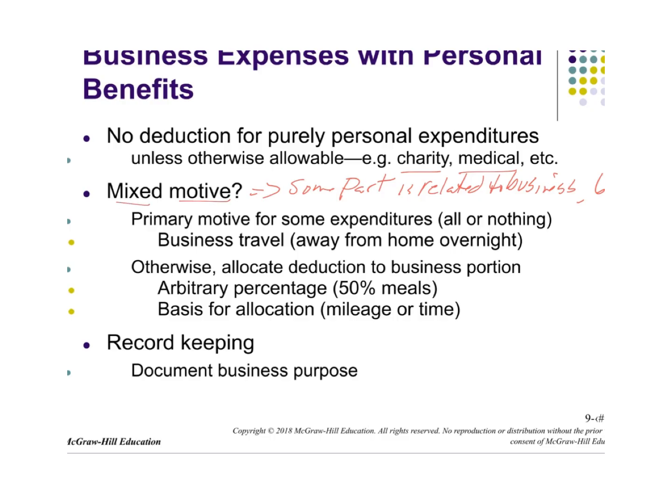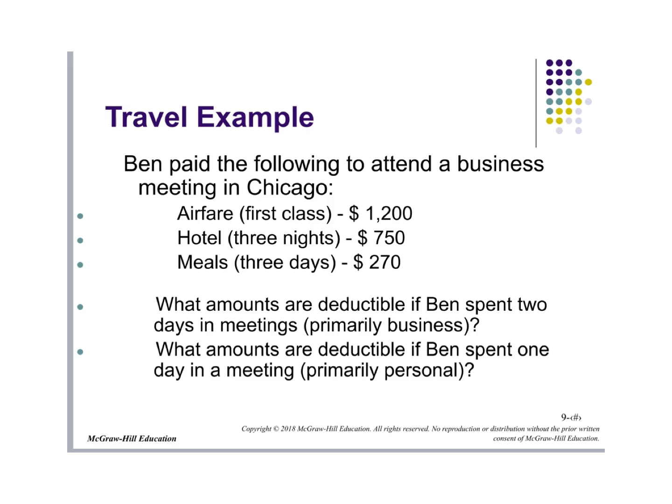Okay, so there are specific allowances for what you can deduct if your expense is mixed motive. The key in these situations is record keeping. That way you can document that even though your family went with you, you were there for a legitimate business purpose. Okay, so let's do this example that's in the presentation.